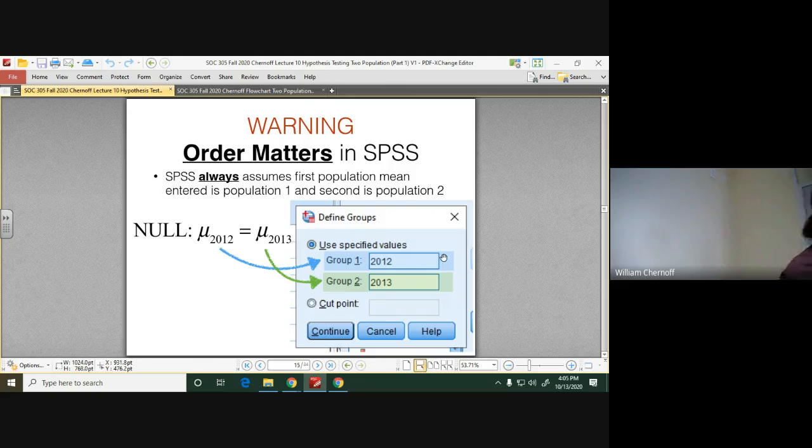When I'm doing things in SPSS, I have to specify what my 2 groups are, and I have to specify the order for those groups. Because the population mean for 2012 is to the left, that's my group 1, so I put that in group 1. Then the population mean for 2013 is on the right, so that's my population 2, and that goes into group 2.